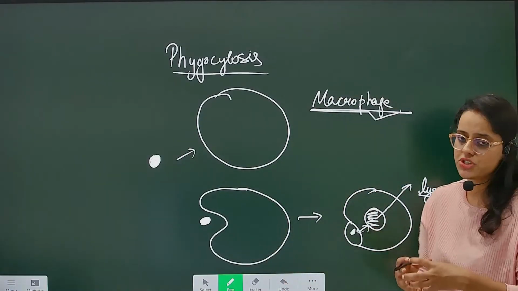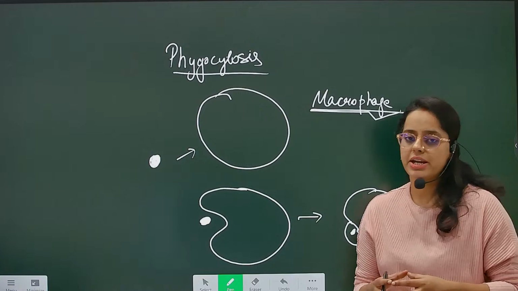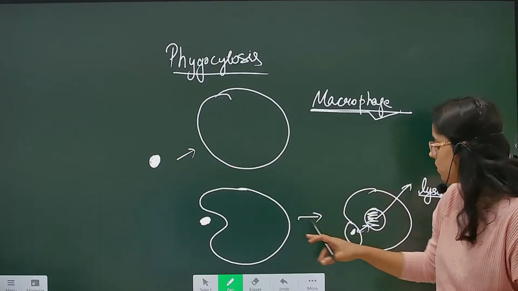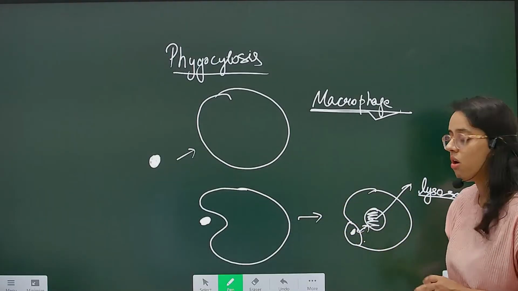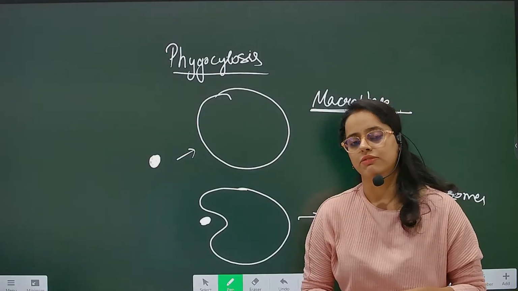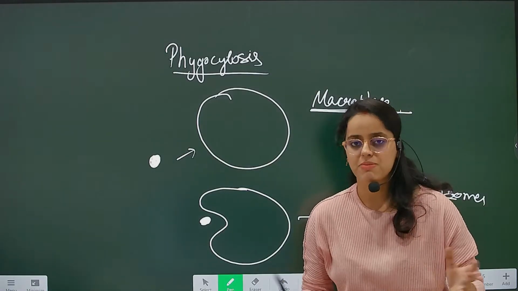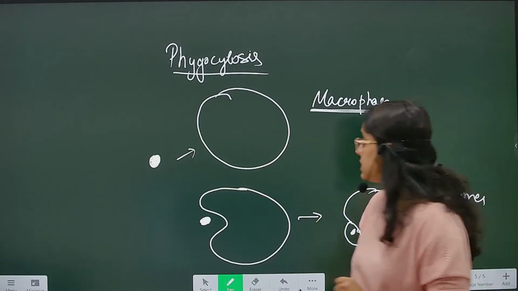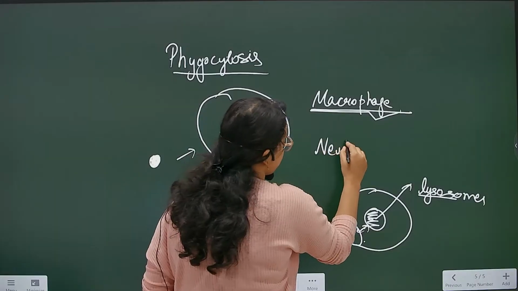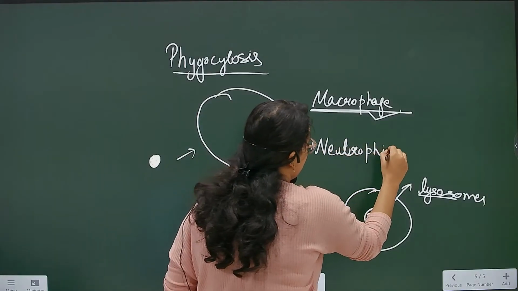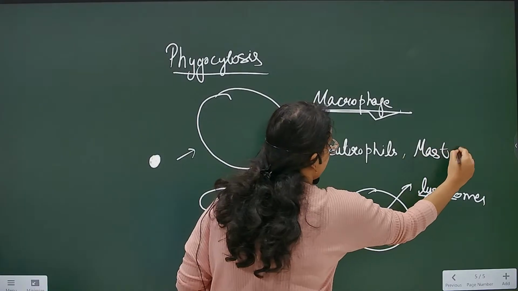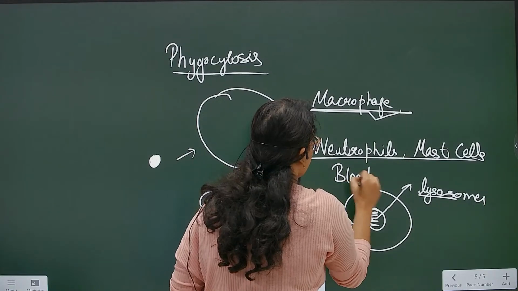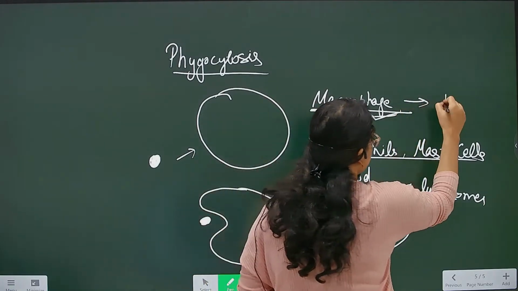How the food is captured by the amoeba and how the lysosomes break down the food material to get energy. Similarly, macrophages engulf and break down the foreign substance. So this is the function of phagocytosis, engulfing and killing. This is done by macrophages and by neutrophils and mast cells. Remember an important point: neutrophils and mast cells are present in the blood, whereas macrophages are found in the tissue.